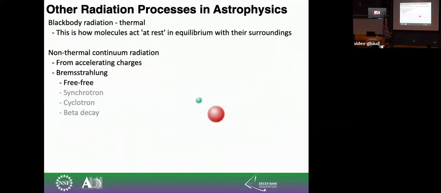That said, there are other non-thermal ways of producing radiation that we measure in continuum, and basically that's always from accelerating a charge. These are all covered by the blanket term Bremsstrahlung radiation, though that's often used exclusively to denote free-free emission.